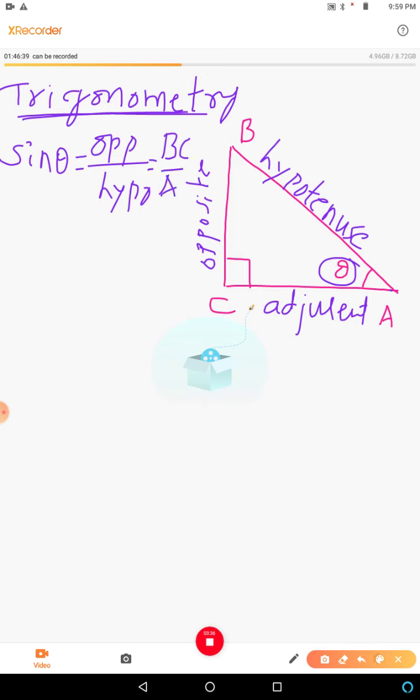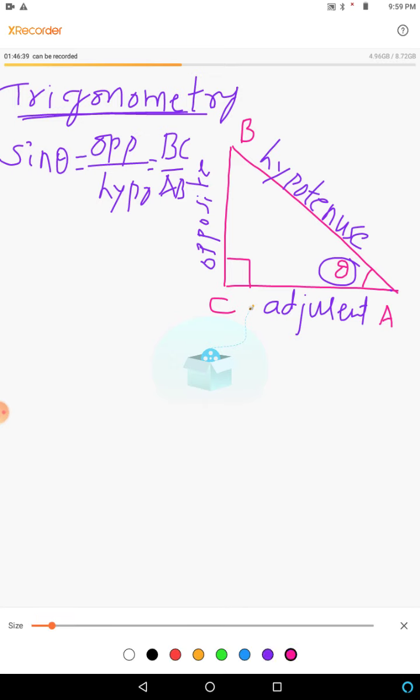BC by AB is sin theta. Then what will be cos theta? Cos theta will be adjacent by hypotenuse. Adjacent is AC, divided by hypotenuse AB.